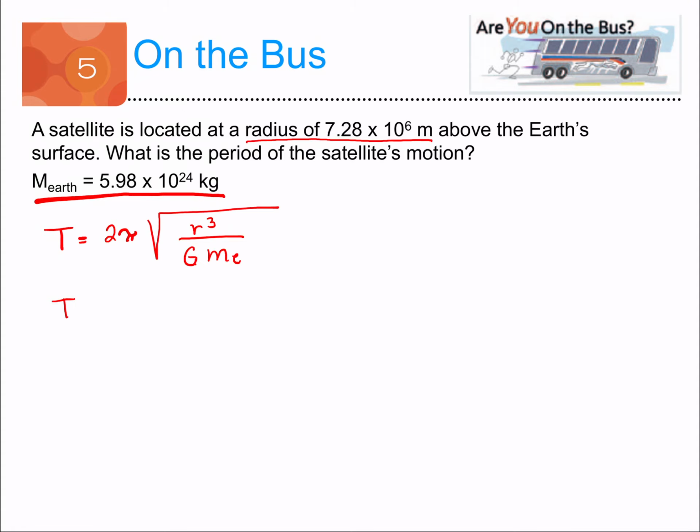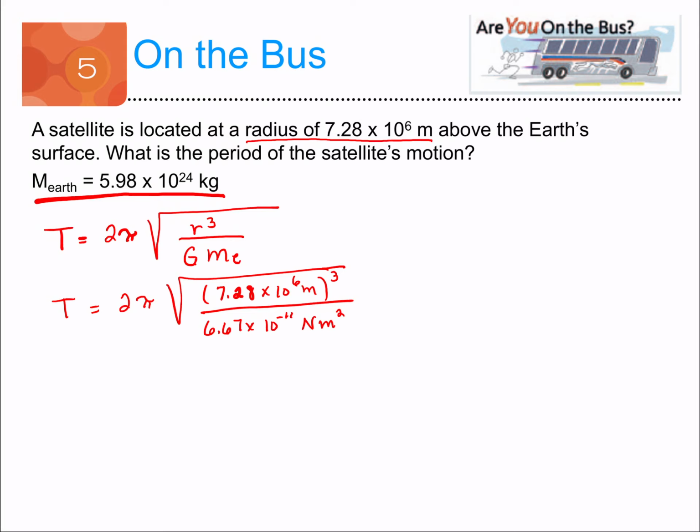So therefore T is going to equal 2 pi times the square root of our radius, which we're given to be 7.28 times 10 to the 6 meters, and that has to be cubed, divided by G, which is 6.67 times 10 to the minus 11 newtons meters squared over kilograms squared, times the mass of the Earth, which we're given to be 5.98 times 10 to the 24th kilograms.